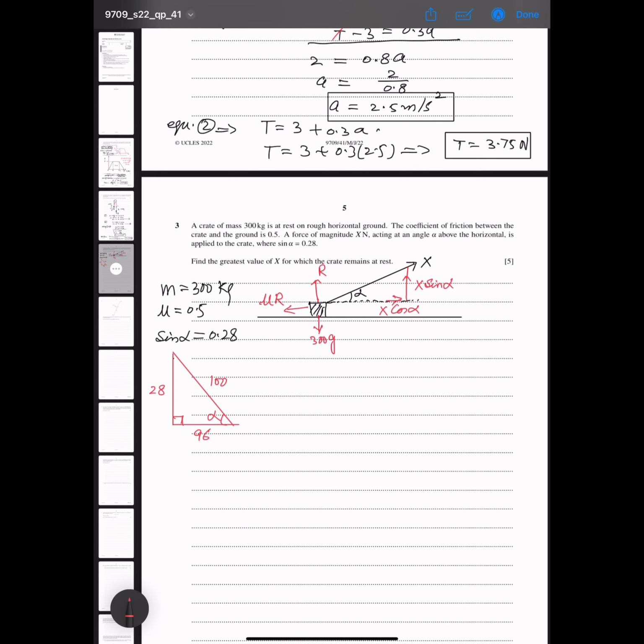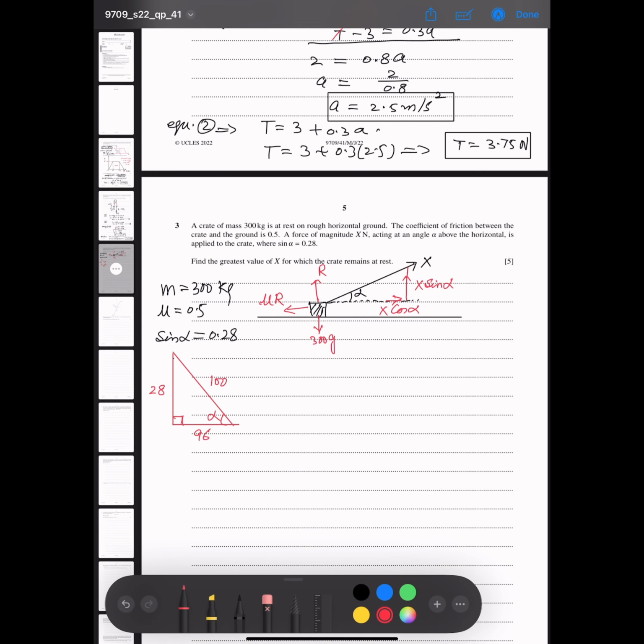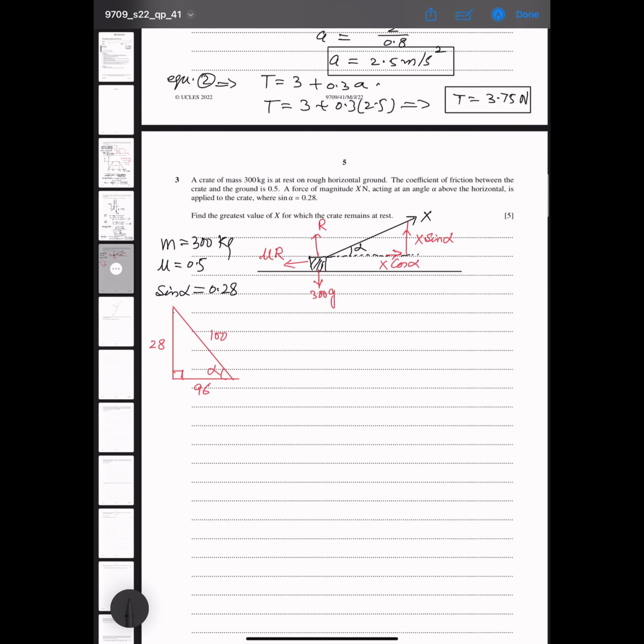So from here, now, since the crate is at rest, acceleration is 0, so the horizontal component: x cos alpha minus mu R is equal to 0.